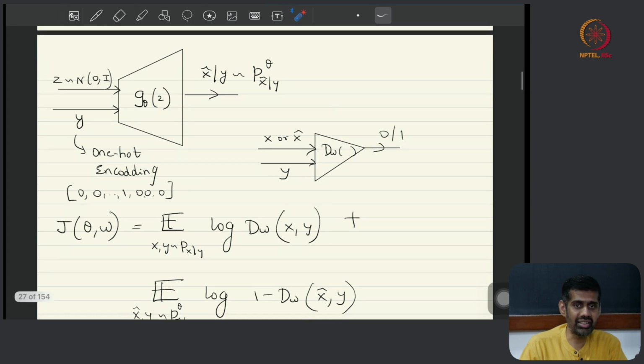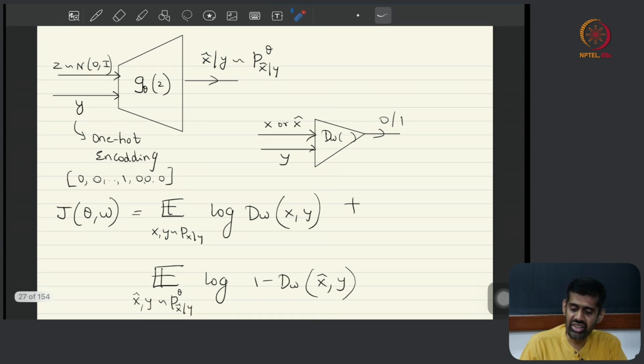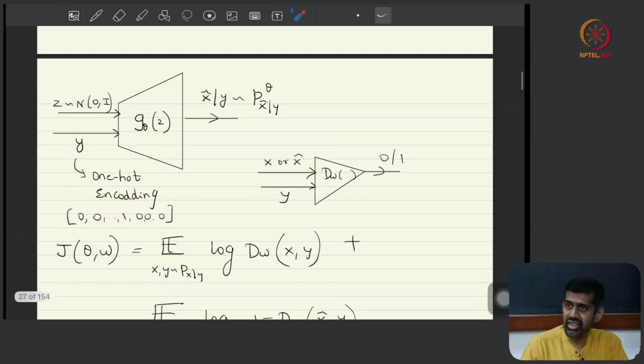So what is happening is that the function or the likelihood it is trying to maximize is the likelihood of co-occurrence of x and y. Now suppose your y is a class label, as in the case of MNIST: convert all those class labels into one-hot embeddings, take a z, concatenate that one-hot embedding, feed that as input to the generator, and do the same thing with the discriminator. That's it.